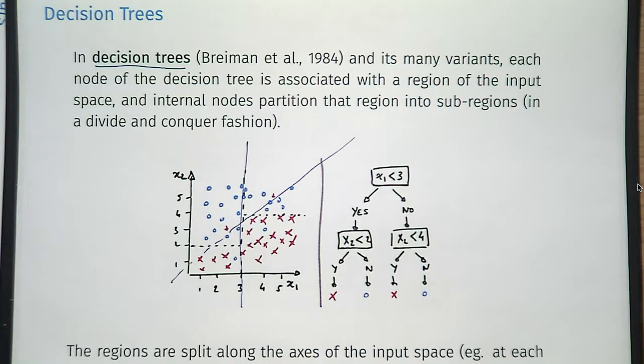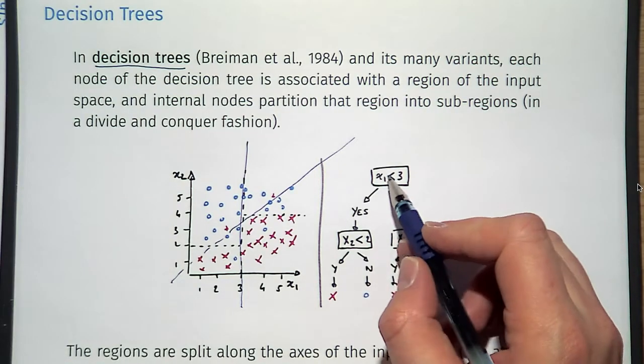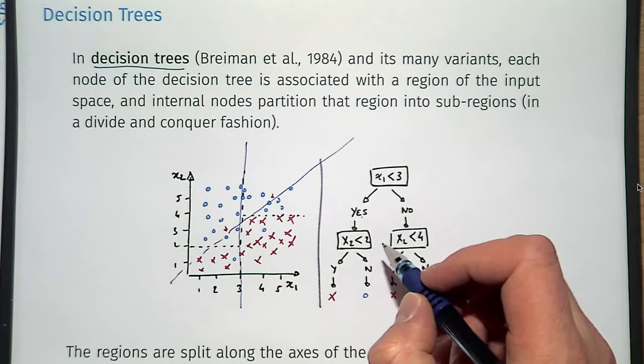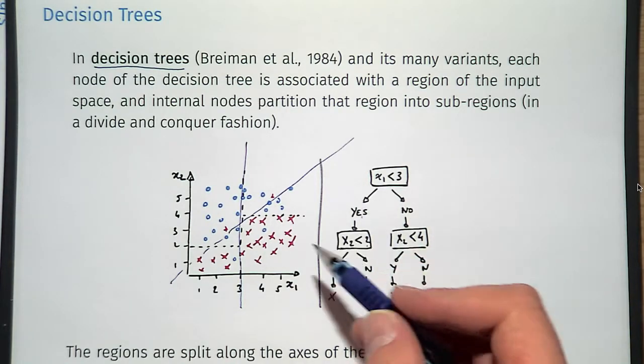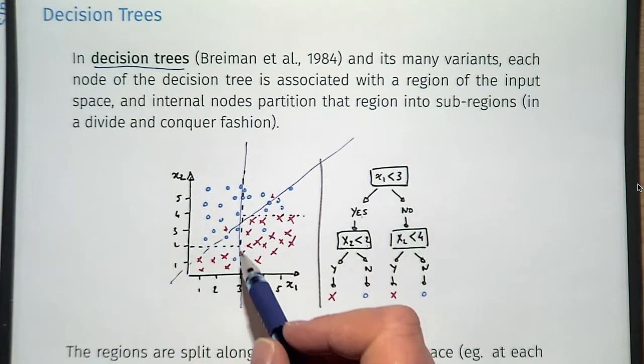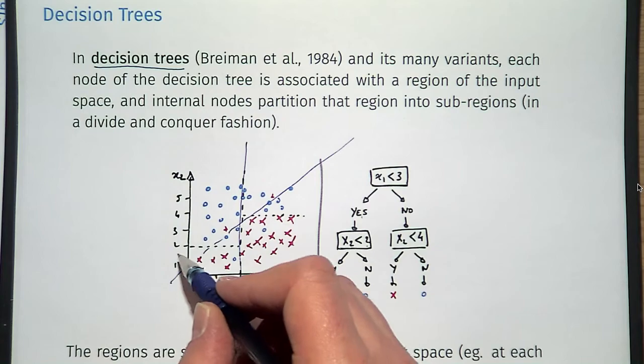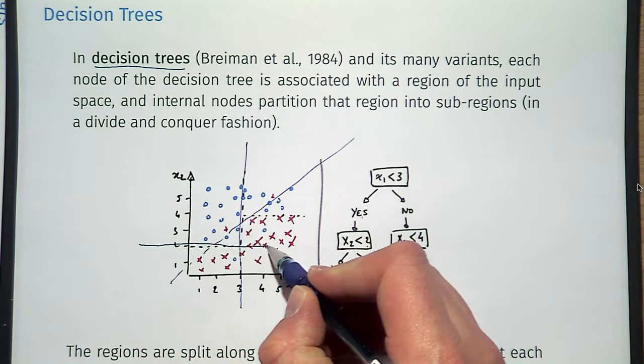If you are less than 3, then you look at the second decision, which is to test whether the second value, x2, is less than 2. That would be this test here.